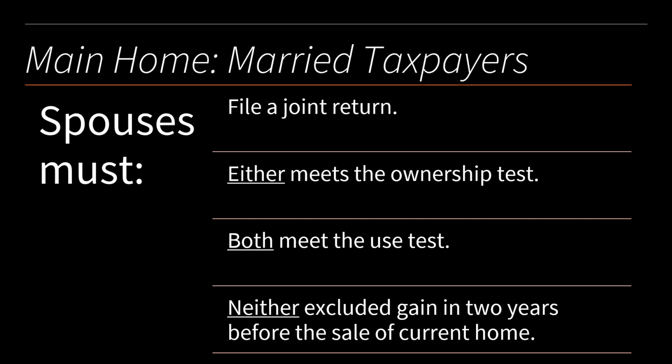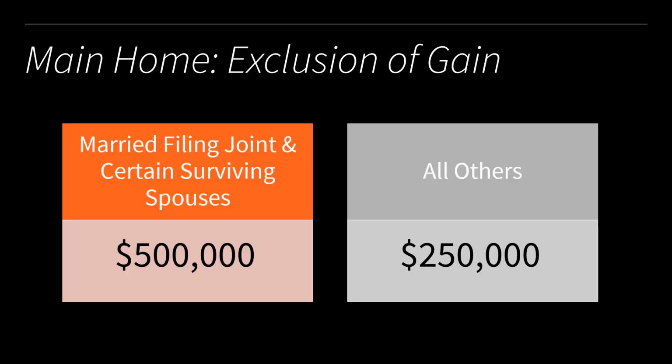And if both are not meeting that use test, then it's possible that they will have different calculations on the exclusion of gain, which is a much more complicated situation, and we're going to be sending these taxpayers to a paid professional.